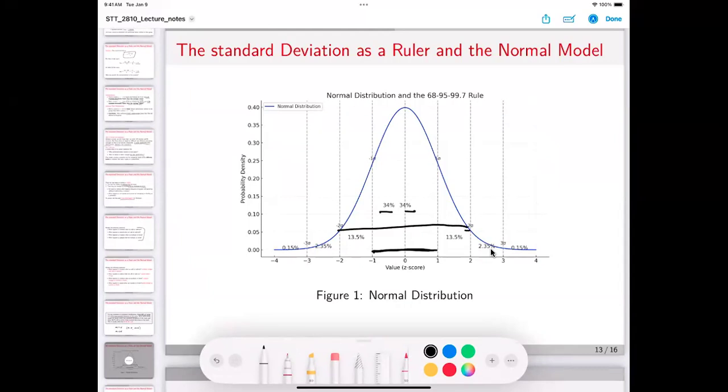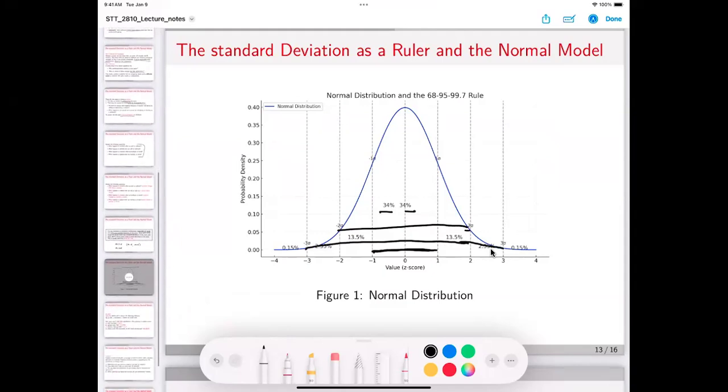And then three standard deviations, we are talking about here. So that is what the 68, 95, 99.7 rule is saying. Any questions on that? Okay, let's proceed.